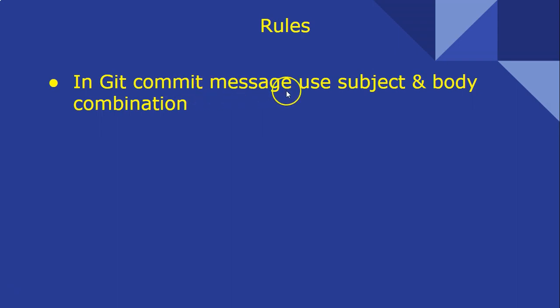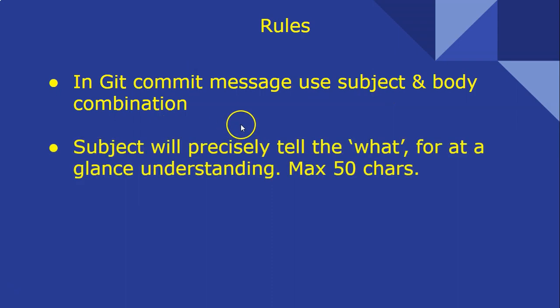In a Git commit message, we can use a subject and body combination. The subject will precisely tell the what part, like added subtraction to the calculate class, and this is very helpful for at-a-glance understanding. When we run git log oneline, we'll get say 50 or 70 previous commits, and at a glance you can understand what happened.